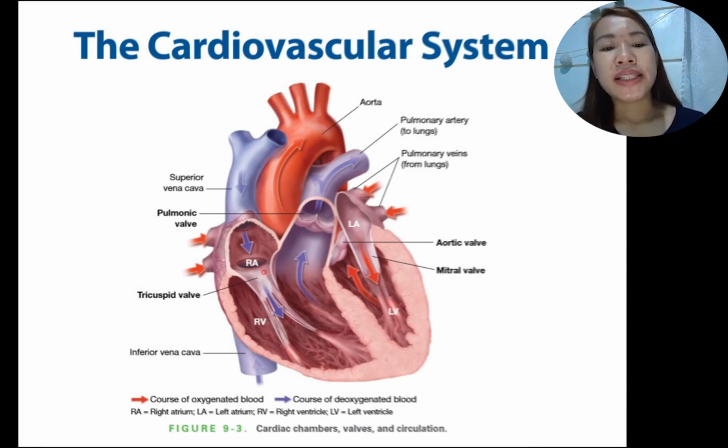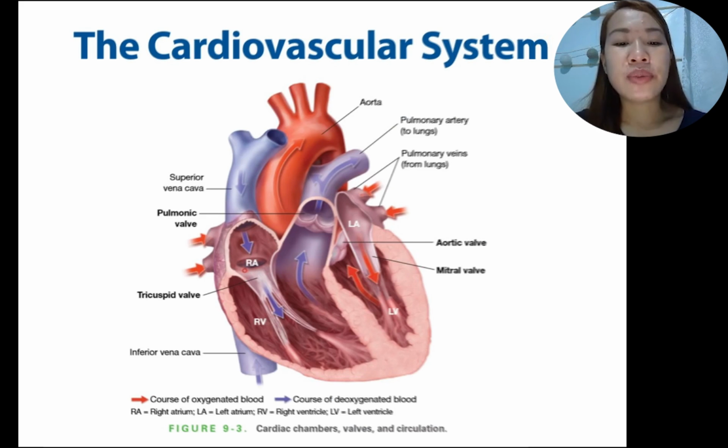We'd like to emphasize here the different valves. We have here a tricuspid valve, so called because of the presence of 3 cusps, and a mitral valve with 2 cusps, so it's also known as your bicuspid valve. We also have, of course, the aortic valve.